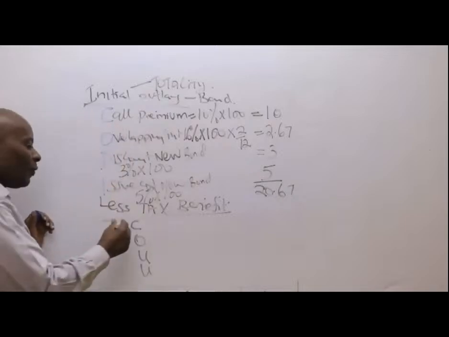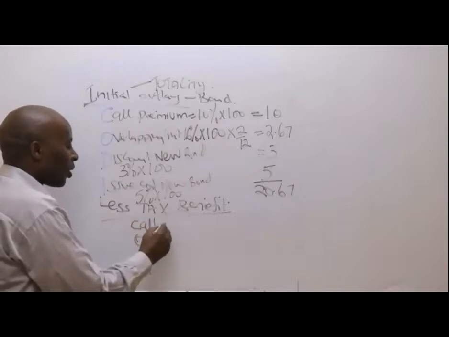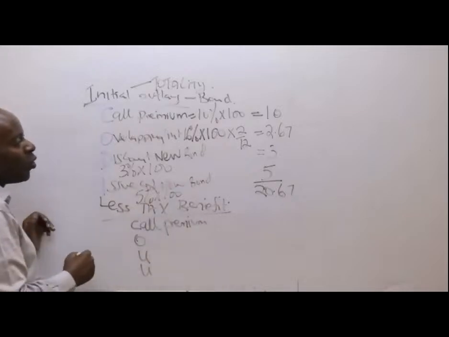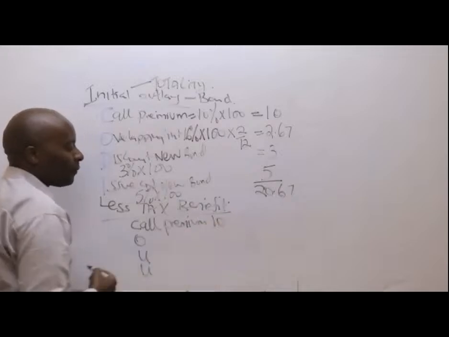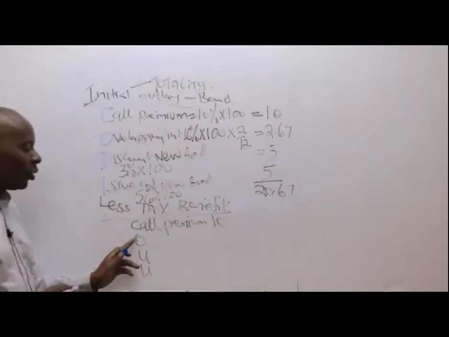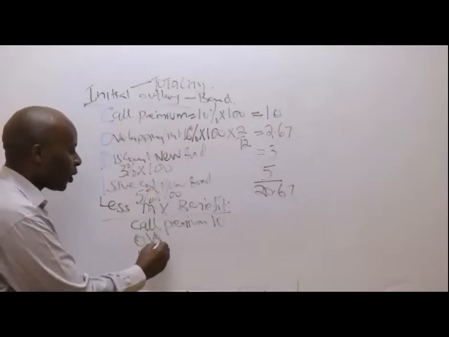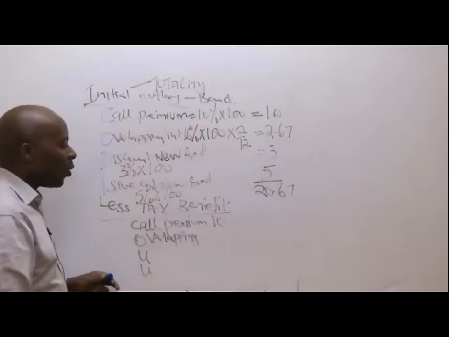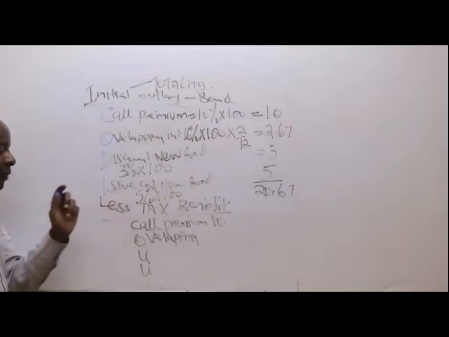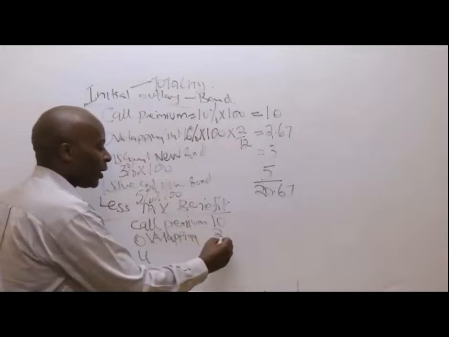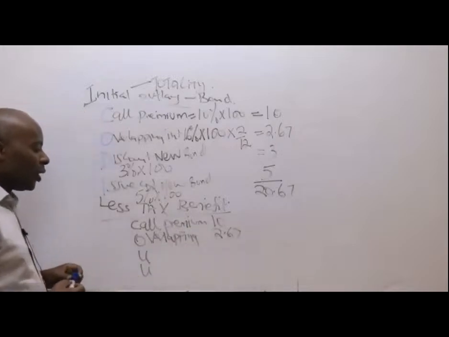The first qualifying expenditure is the call premium, which is 10. And then O is the overlapping interest. The government will again promote you by allowing you to claim it as a qualifying expenditure. The overlapping interest is 2.67.